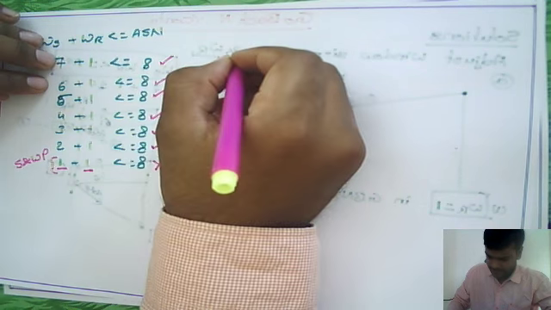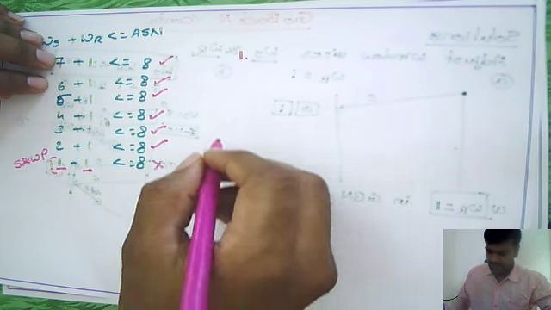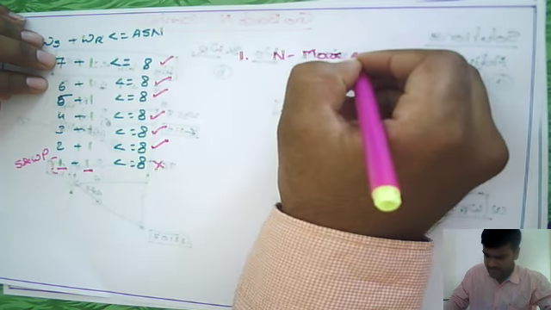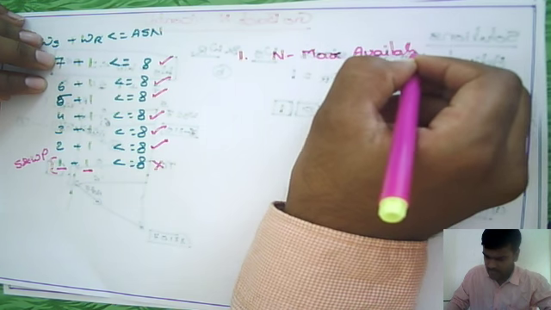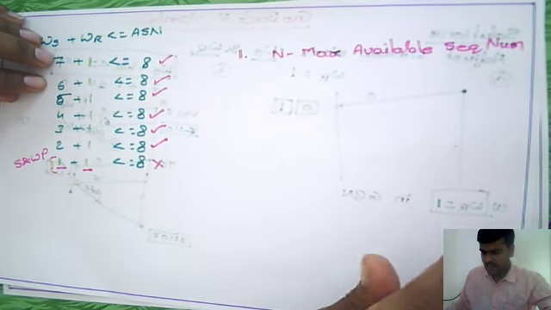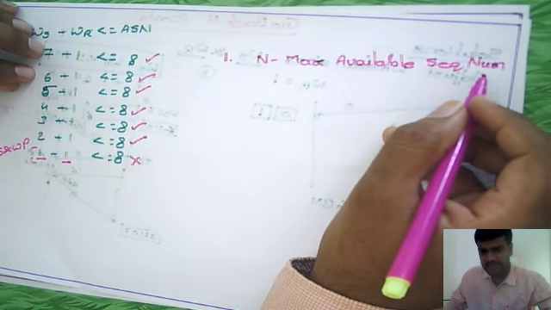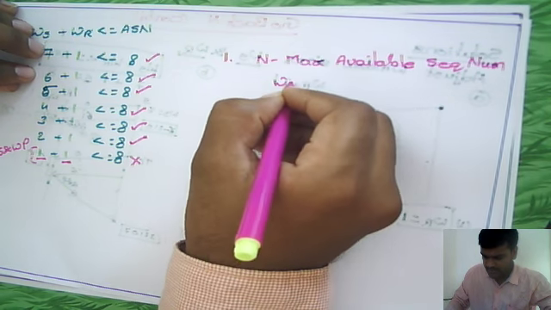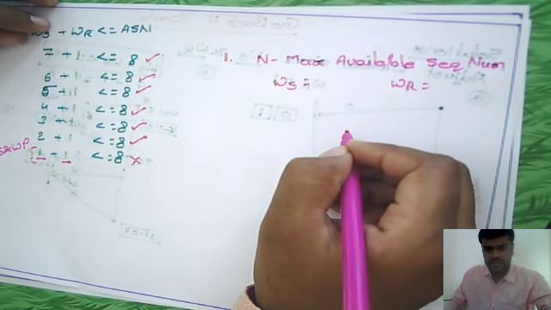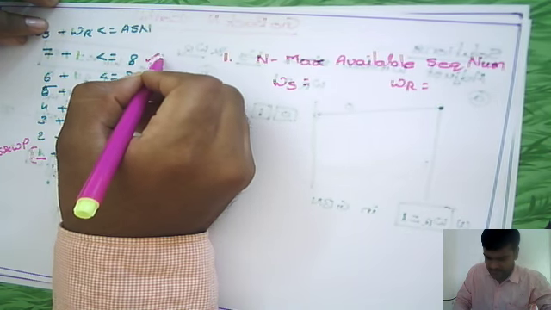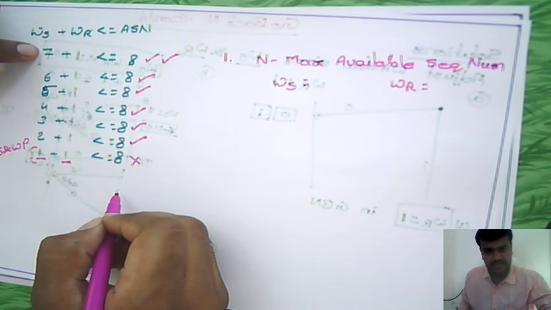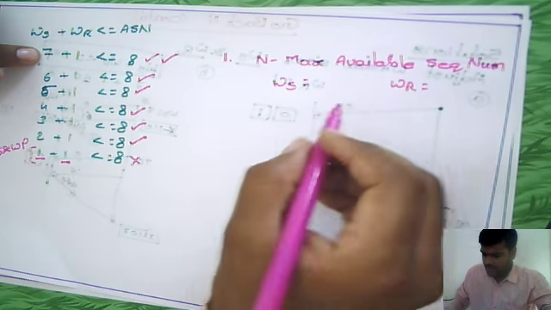This is one of the things we have to see. And then next, suppose N is the maximum available sequence number. In this case, what are the window sizes of sender and receiver?